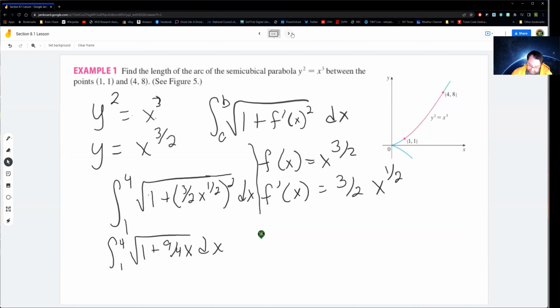Which method do you want to use to solve this? The arctan one? With arctan, it's the a squared plus x squared form, like the trig substitutions.